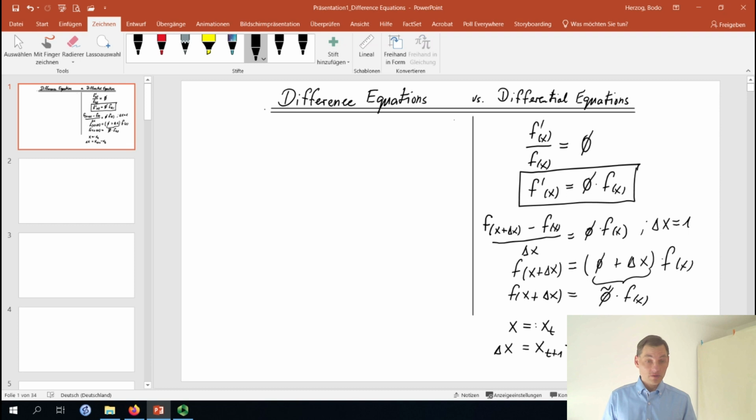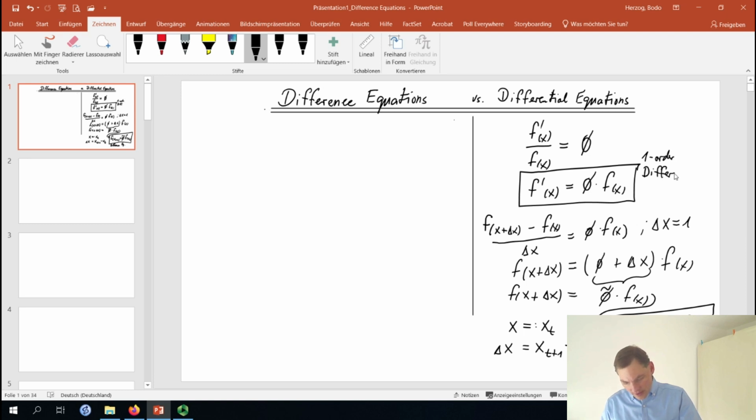If I use this in the equation, then I have x of t plus this, and that cancels with this, so I have f of x of t plus 1. Then we have my phi tilde and my f of x, which is x of t. So what we have here is what we call a first order difference equation. And what we started with was a first order differential equation.